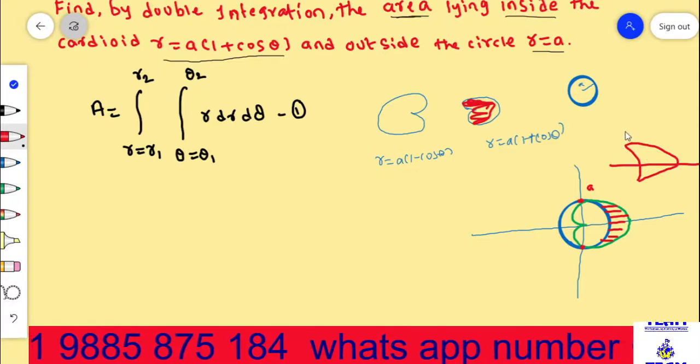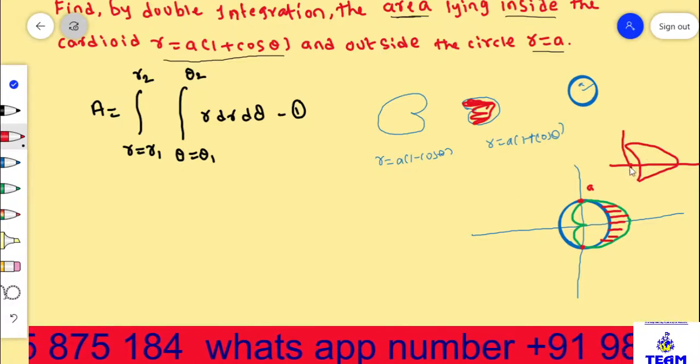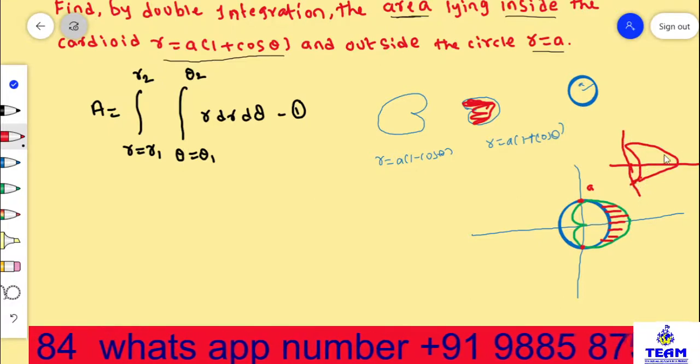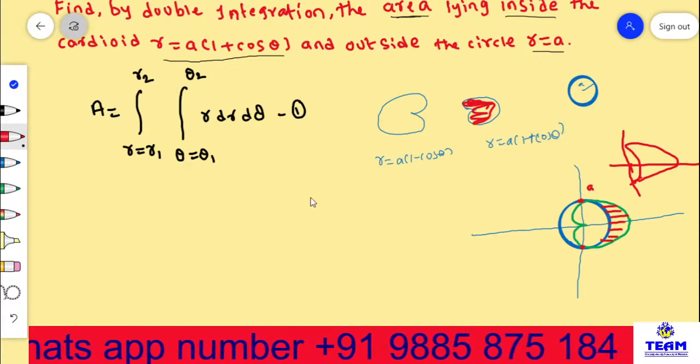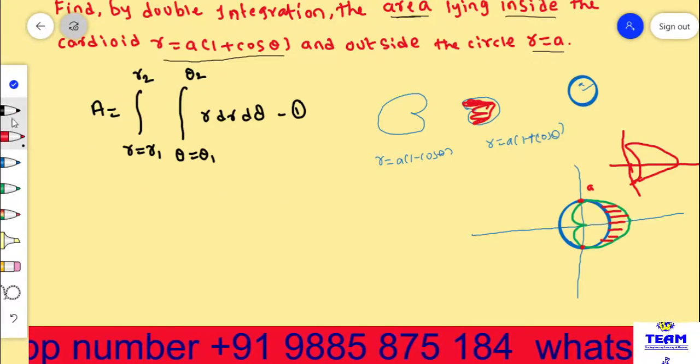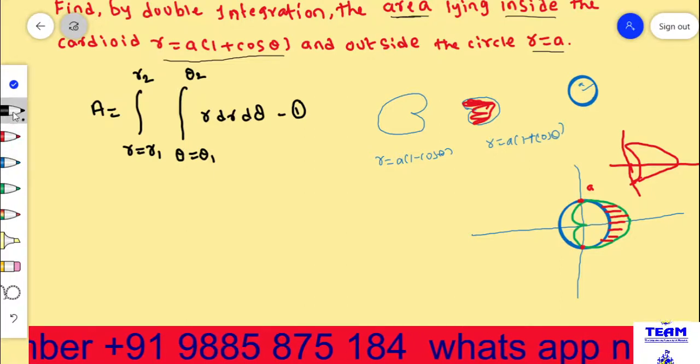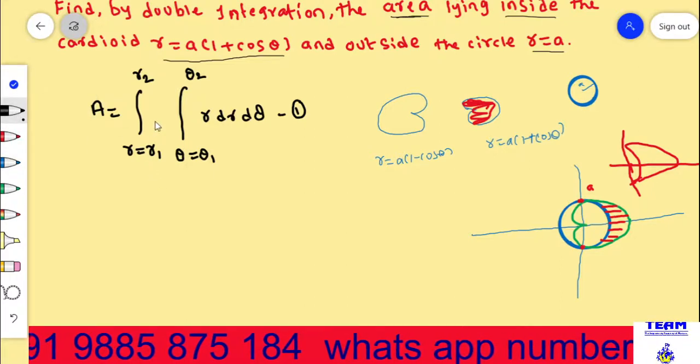Now the x axis and the y axis, treat this as the y axis. This is our region. Now we have to find the limits for this. How can you get the limits? Friends, r1 and r2 are given.